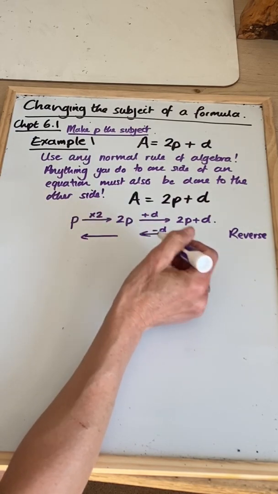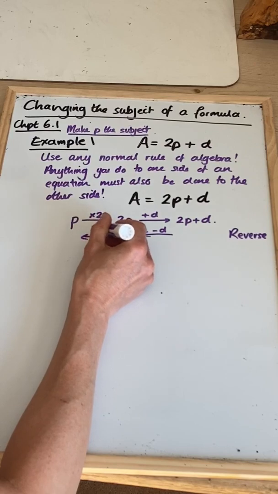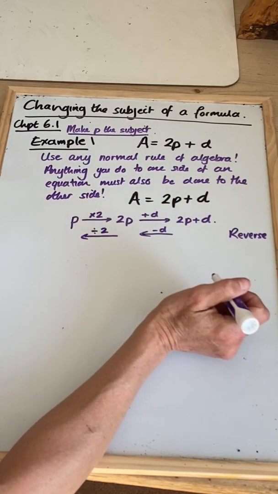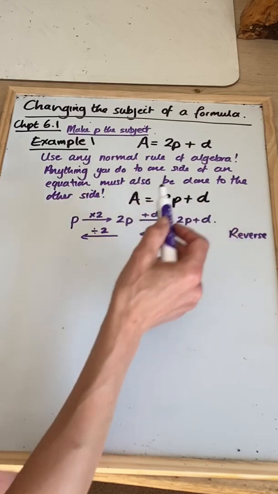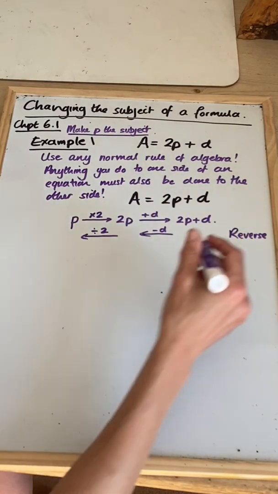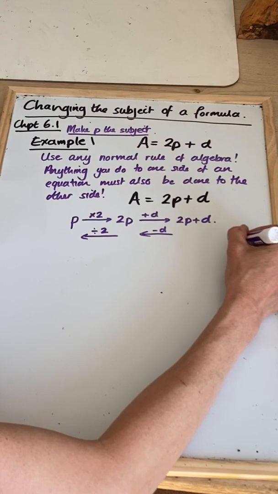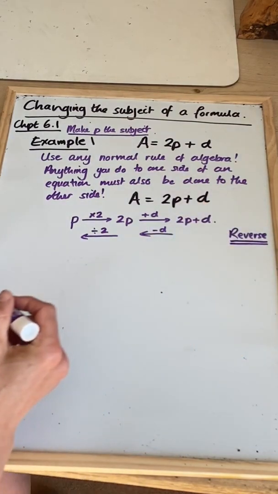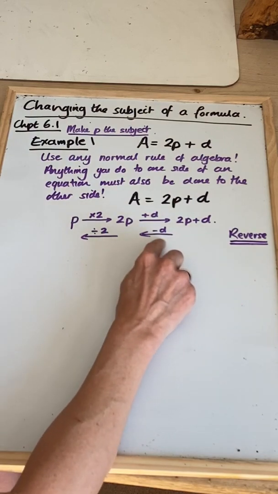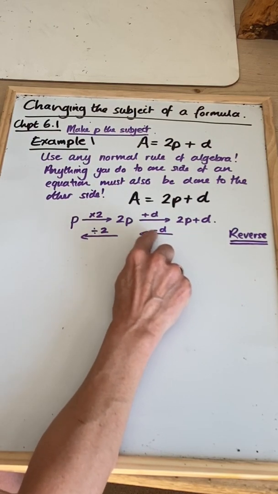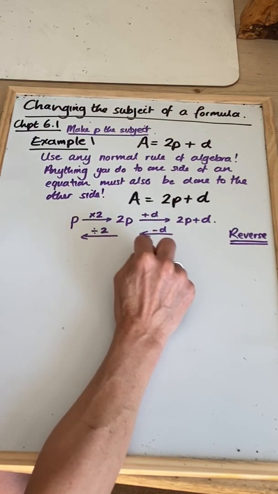What's the opposite of multiplying? It's dividing by 2. And remember, I've got to do that to both sides of my formula. So that is the reverse. That's the way that you get to change the subject of your formula. You reverse out the operations. You do a minus D, and then you do a divide by 2 in this case.